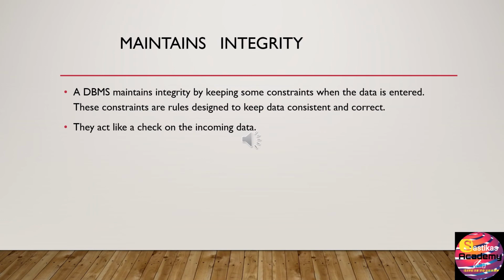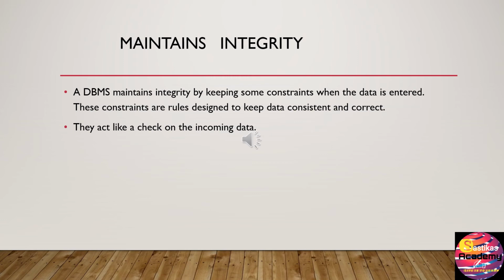And another thing is maintains integrity. A DBMS maintains integrity by keeping some constraints when the data is entered. These constraints are rules designed to keep data consistent and correct. They act like a check on the incoming data. If you are storing data in a table, in each and every field, every column, there is a set of constraints, a set of rules. If you are entering wrong data, like entering a number instead of a string or characters, any alphabets, it shows it's wrong.